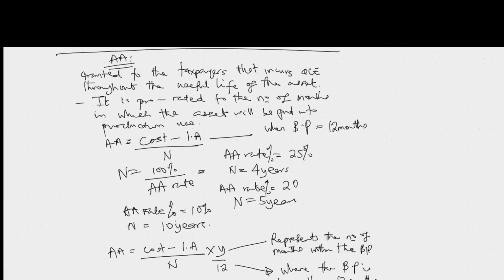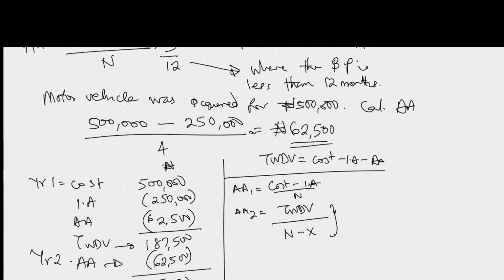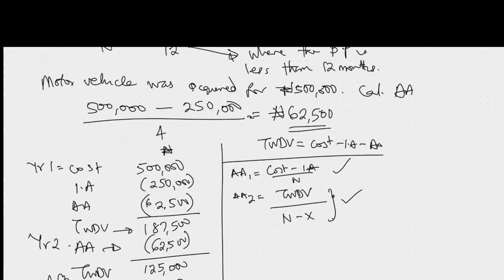So I was saying your annual allowance is calculated like this. And in year two and subsequent years, your annual allowance is computed like this. Note that each of the assets has a different computation of annual allowance. You don't match them together.